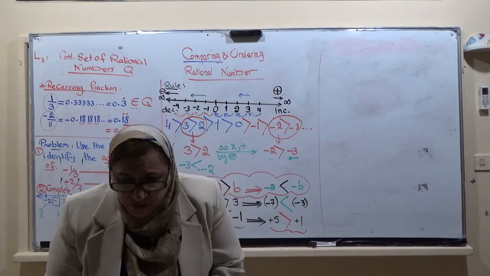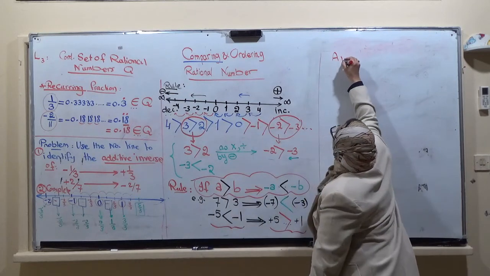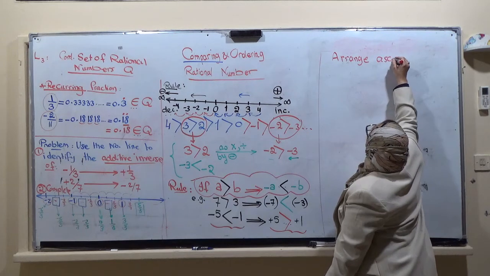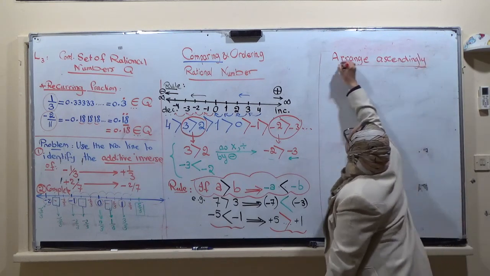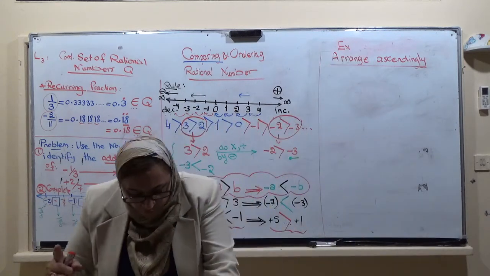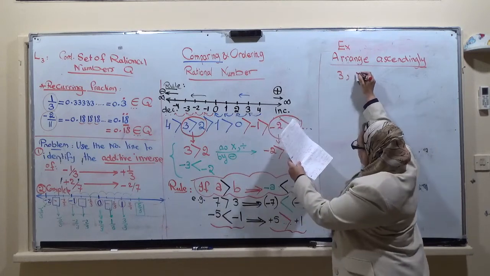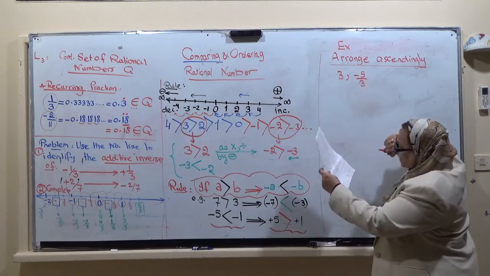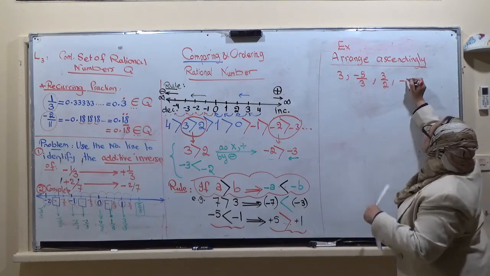Last one, arranging. Arrange ascendingly. I'll give you only one problem. I want to arrange 3, -5/3 on the number line, 3/2 and -4.